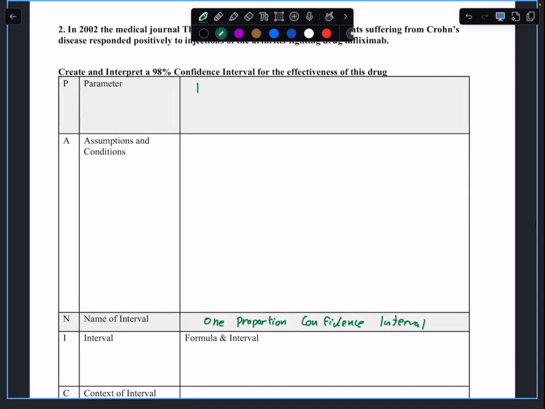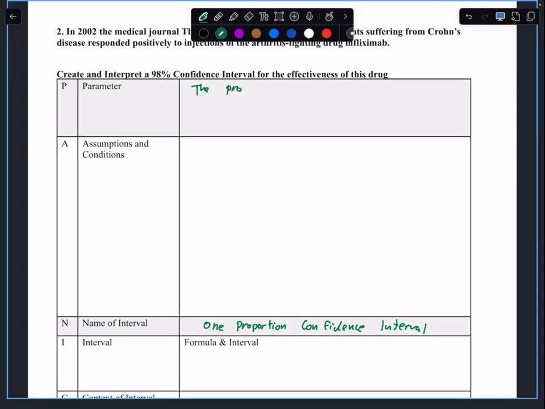So this one, we're studying the proportion of those suffering from Crohn's that respond, not responded, because responded refers to the sample. Respond positively to infliximab.